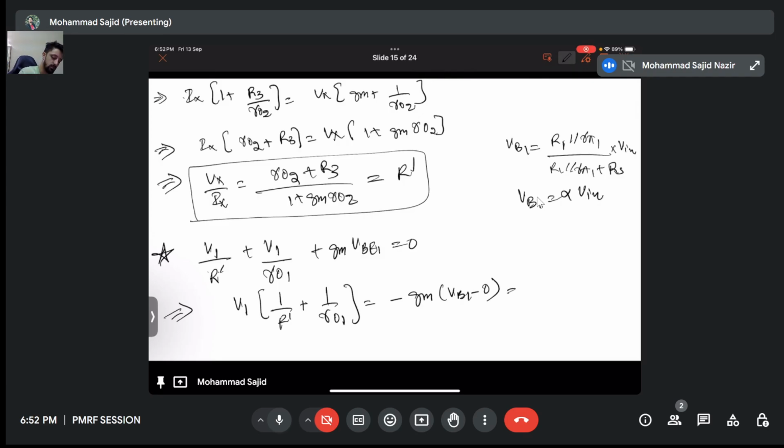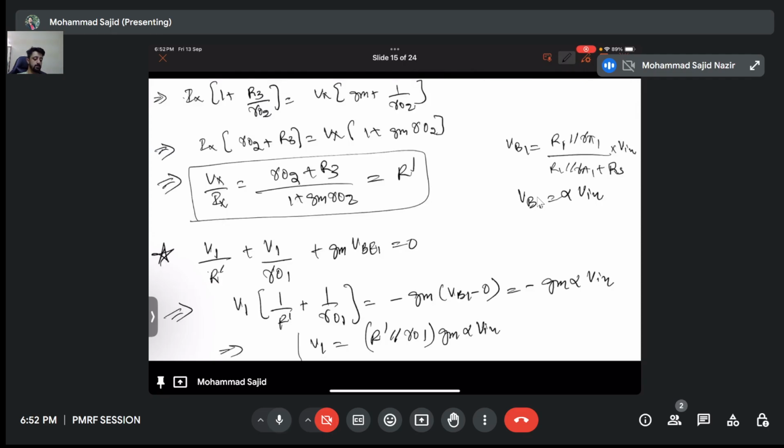So this will be minus Gm times alpha times V in. So V1 will be equivalent to R dash parallel R naught 1 times Gm alpha V in. So this is my relation of V1 in terms of V in.